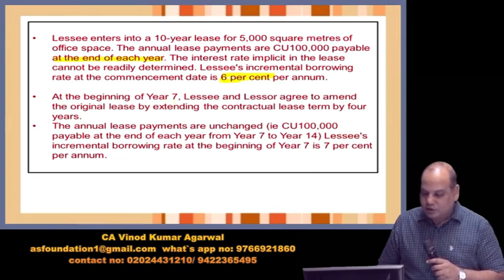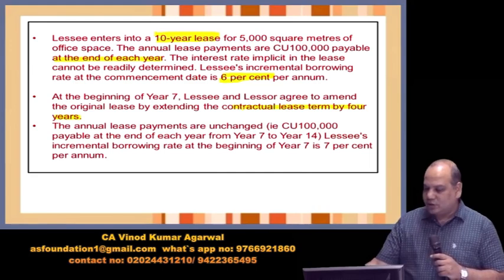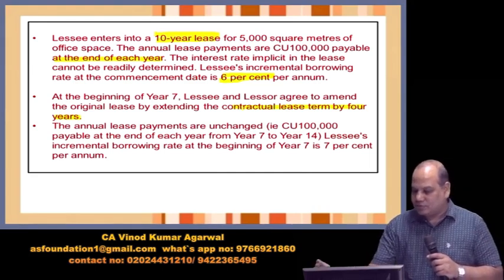At the beginning of year 7, the lessee and lessor agree to amend the original lease by extending the contractual lease term by 4 years. What was the original lease period? 10 years. Now they have added 4 more years to this.